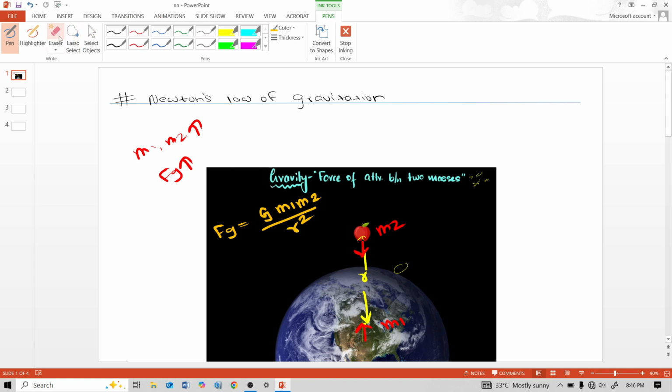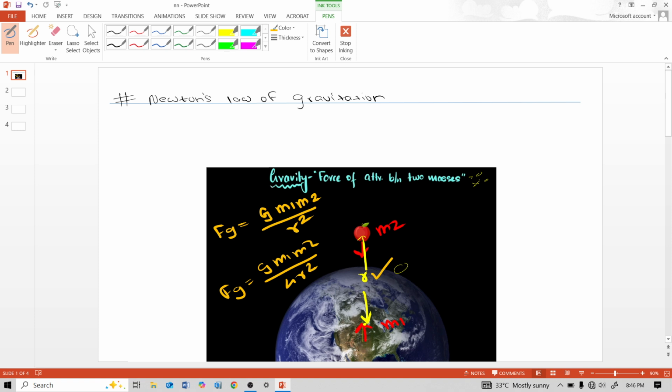So see here, if this r doubles, then what will happen? Put 2r in the Fg formula: G m1 m2 upon (2r) square. So (2r) square means 4r square. Here 4r square will come.